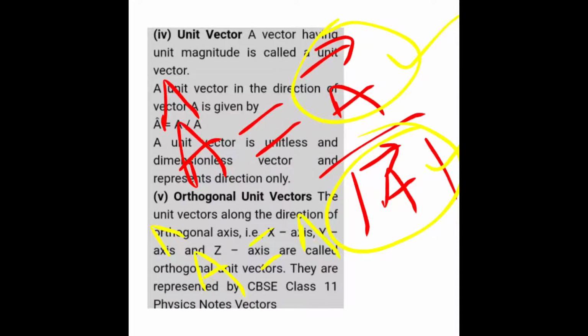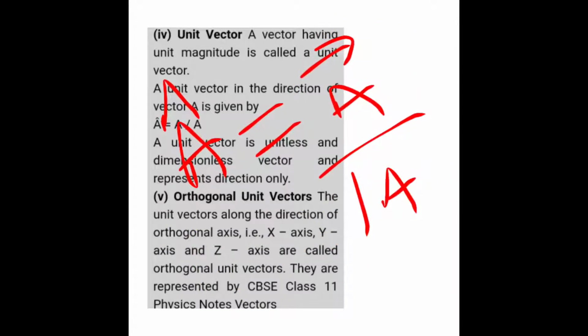That means we can say a unit vector is a given vector having unit magnitude. So when it is 1, a cap equals a vector by 1, or a cap equals a vector. This is how we define the unit vector.